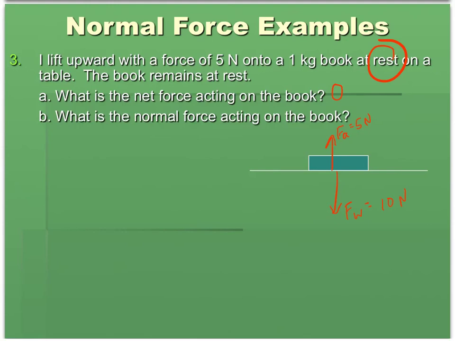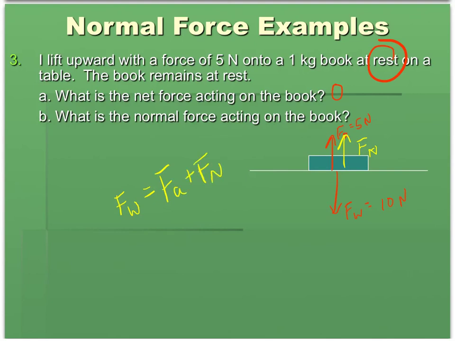And if that's equal to 0, I know that my normal force is still going to be acting perpendicular to the contact surface. So there's my Fn. And I know that these forces in opposite directions have to be equal to each other. So in this case, my Fw is going to be equal to the sum of my applied force plus the normal force.